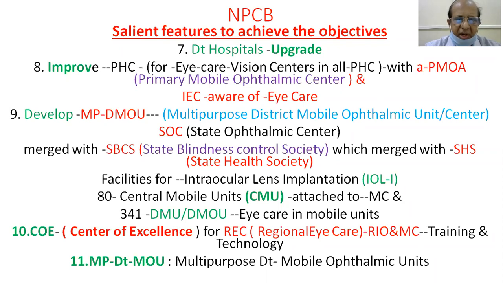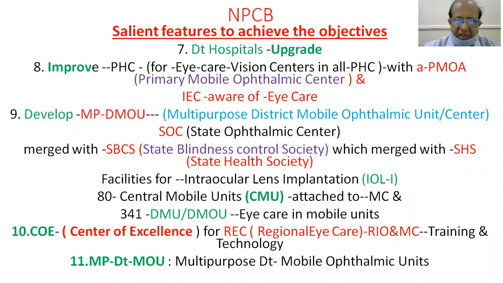Then facilities for intraocular lens implantation should be provided. Then 80 central mobile units attached to medical colleges, 341 DMOU or DMU, eye care mobile units. And the Center of Excellence, already we have discussed, medical college and regional eye care.